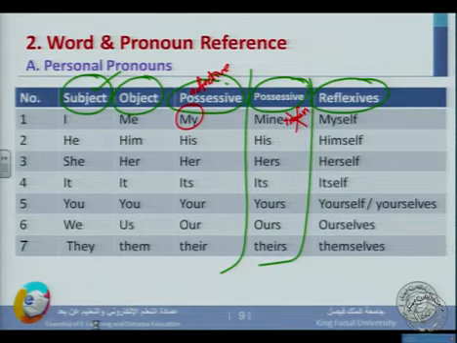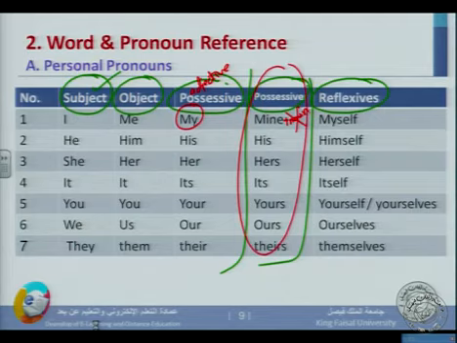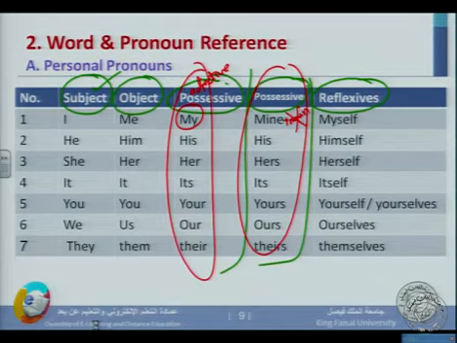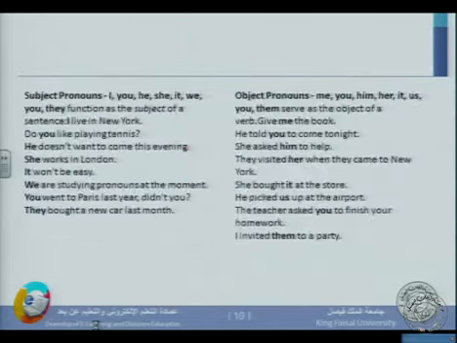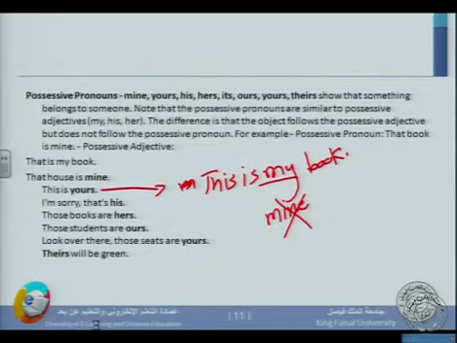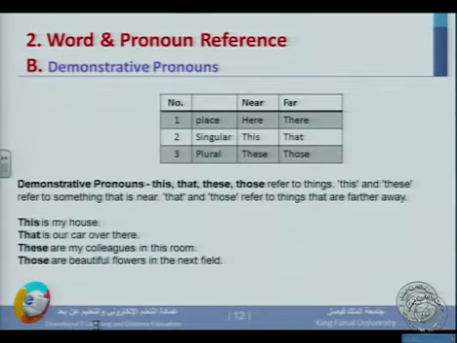This is their pen. This is theirs. So we can notice the difference. ممكن نلاحظ الاختلاف ما بين mine, his, hers, its, yours, ours, theirs واستخدامات my, his, her, its, your, our, their. هذه جميعها تأتي بعدها noun بينما الأخرى لا تأتي بعدها noun. Okay.